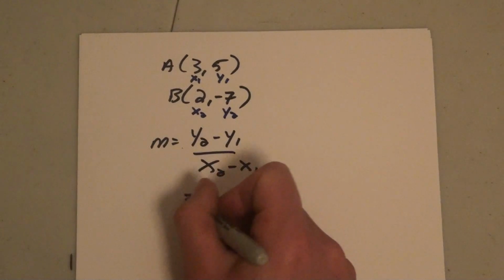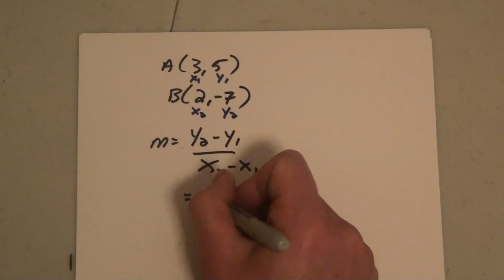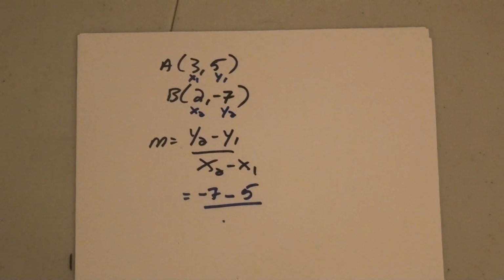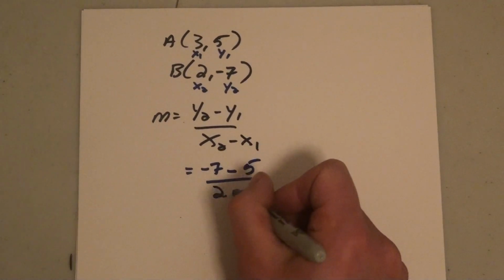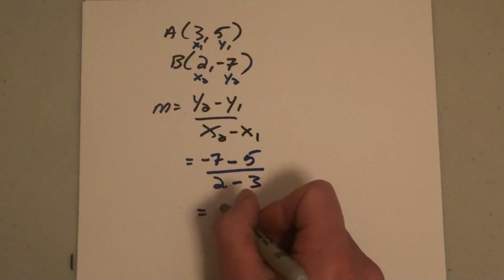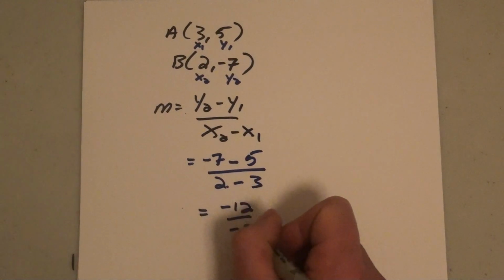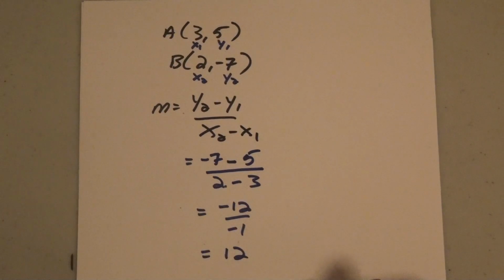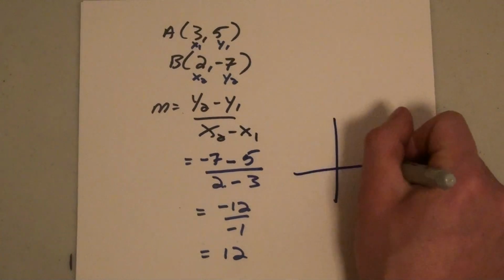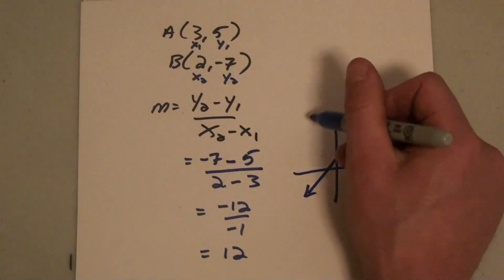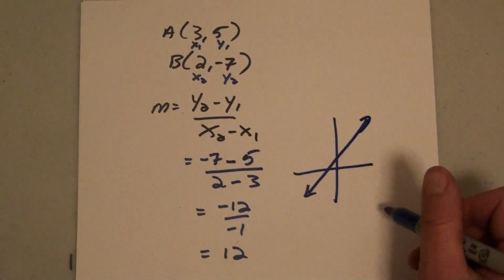And then it's a matter of putting it into the formula. So it's going to go y2 minus y1 divided by x2 minus x1. And that would give me -12 divided by -1, which can be reduced down to +12. Remember, if it's positive, your slope is going up from left to right. If it's negative, your slope will be going down from left to right.